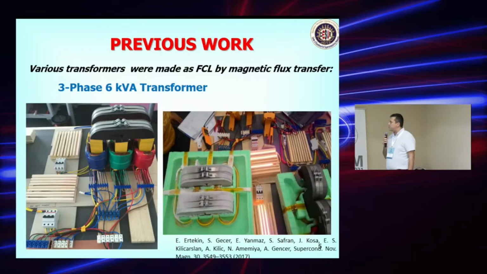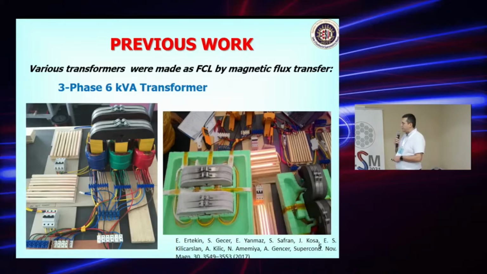As previous work in the laboratory, we made a three-phase 6 kilovolt amp transformer for this application, and it was published in 2017. As you see here, there is no electrical connectivity with these iron cores.